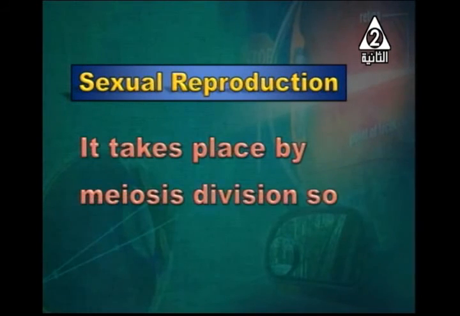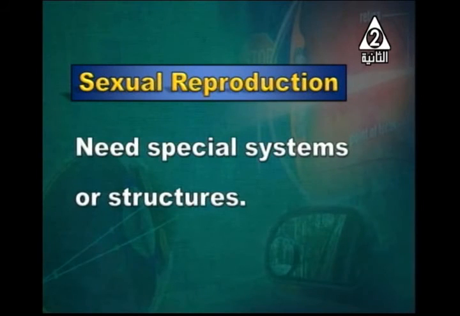The sexual reproduction takes place by meiosis division, so it needs special systems or special structures. These systems are called the reproductive systems.